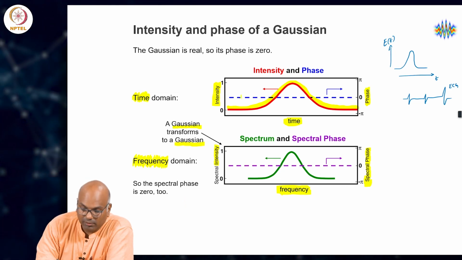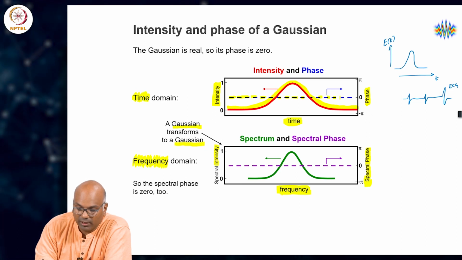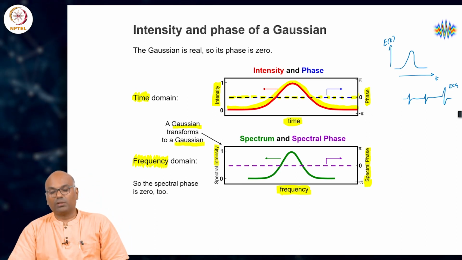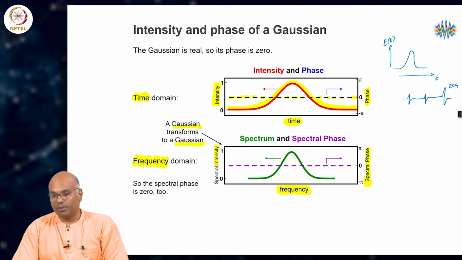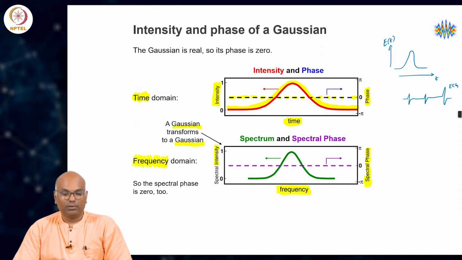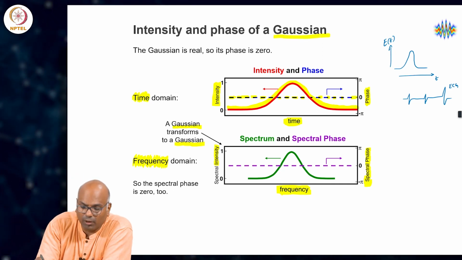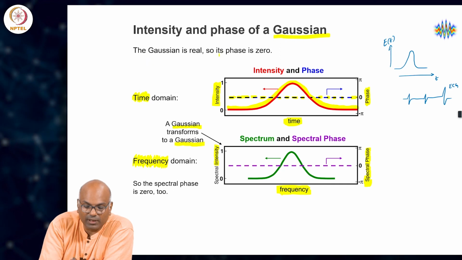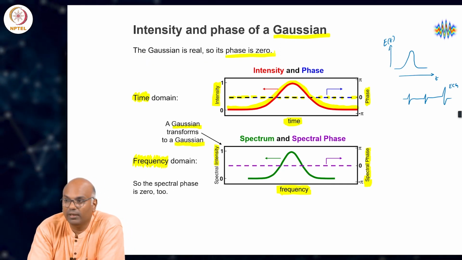Now, here we have used a flat DC function for the temporal phase, that is, the temporal phase remains constant for all time. In this example, the intensity and phase of a Gaussian, with just being a Gaussian, it is real, the entire thing is real.